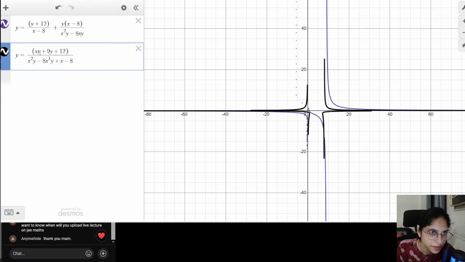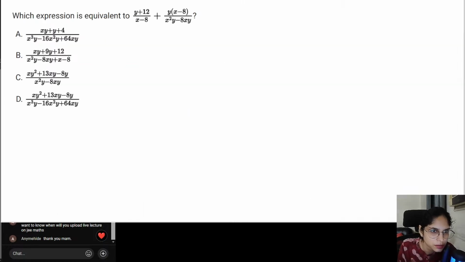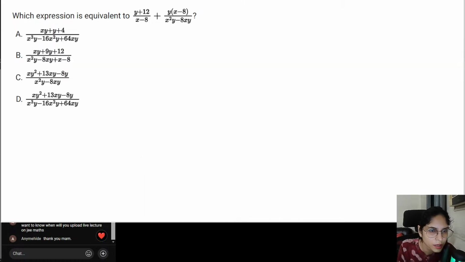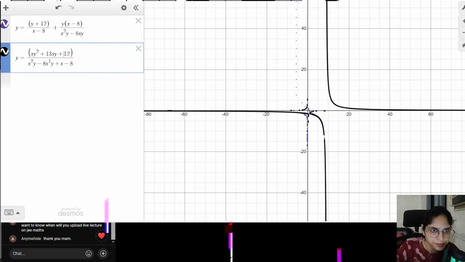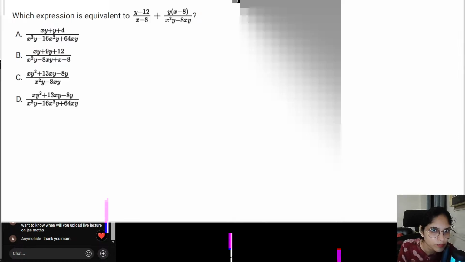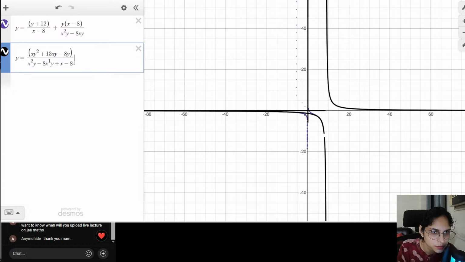Now xy squared plus 13xy minus 8y. x squared y minus 8xy.